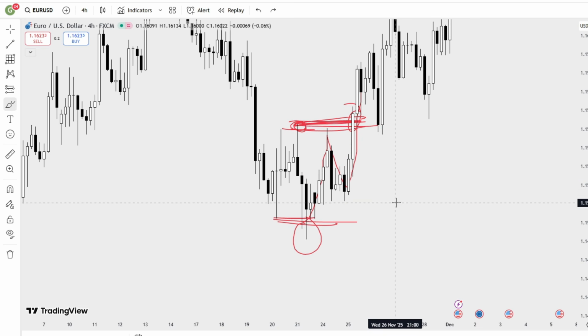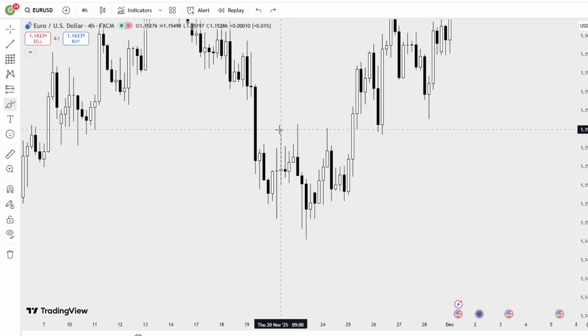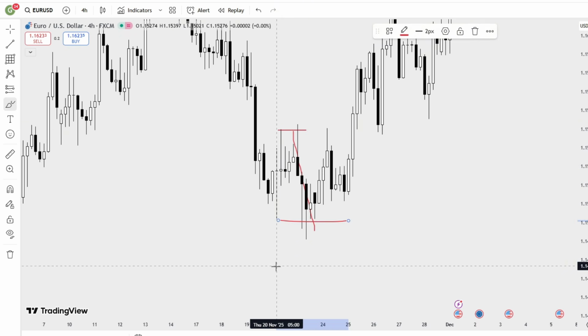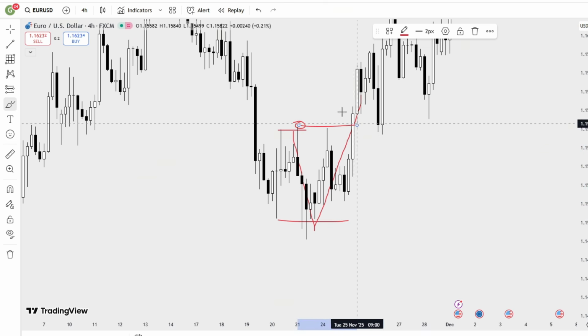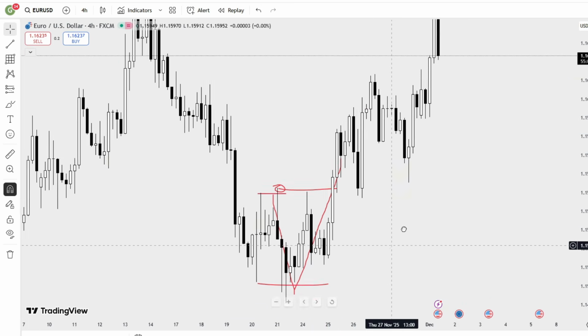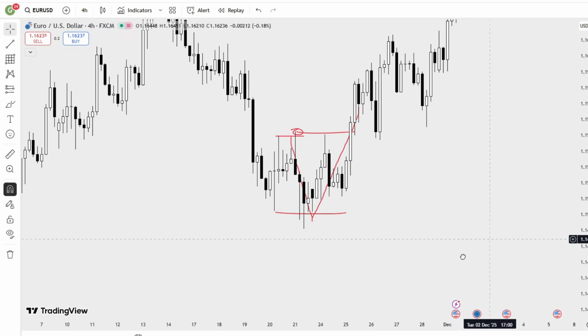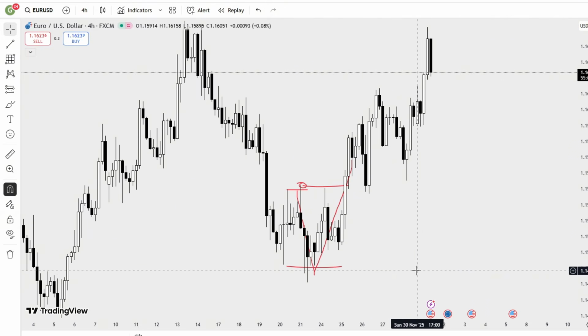Let me just erase all of this that I drew here, right? So you sweep this high here, creating a new low, right? New low swept, sweep a new low, break this high here, right? So here you have your market structure shift. So now, technically, your bias is a bullish bias from here.